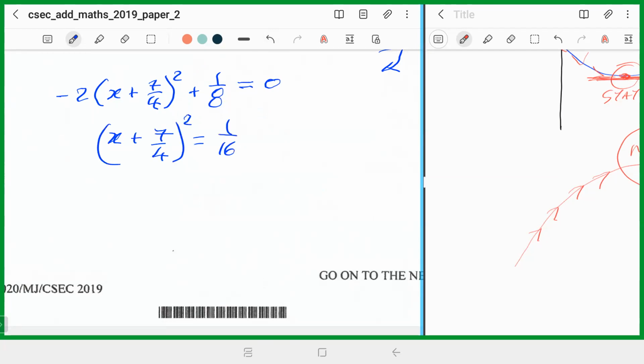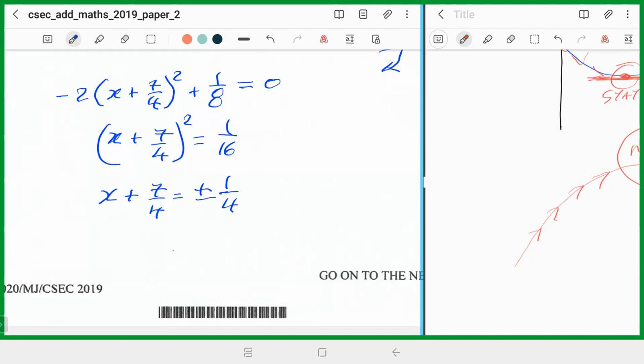Everybody can see that? A positive 1 over 16, right? Everybody can see that? And then we're going to square root. So I get x plus 7 over 4 equals plus or minus 1 over 4. Let me square root both sides.